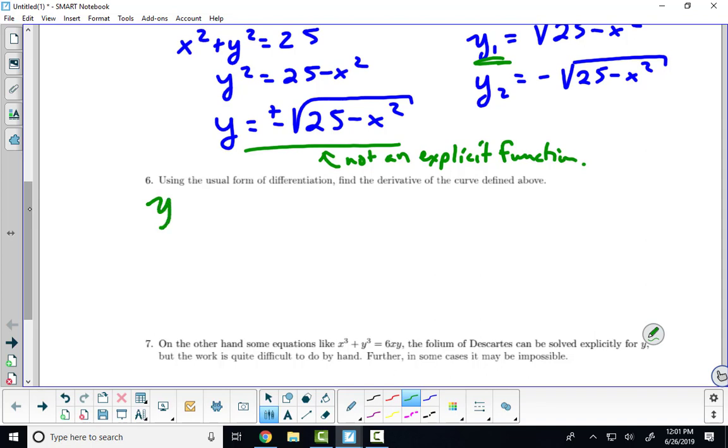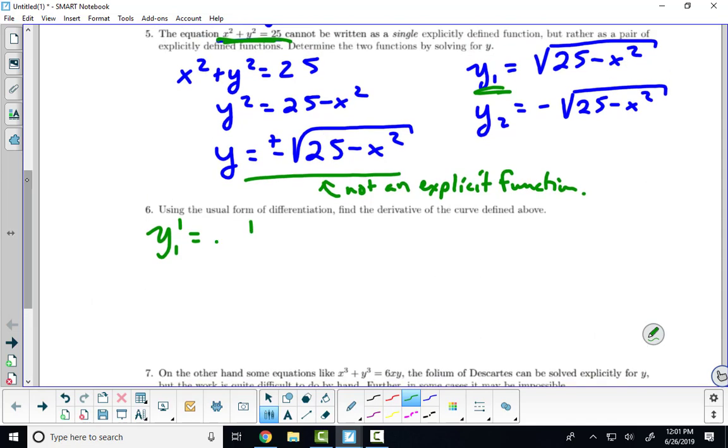We would say that y1 prime would be what? What's the derivative of y1? Yeah, 1 over 2 times the square root of that expression. Am I done? No, what do I need to do? Chain rule, which says take the derivative of what's inside that expression.